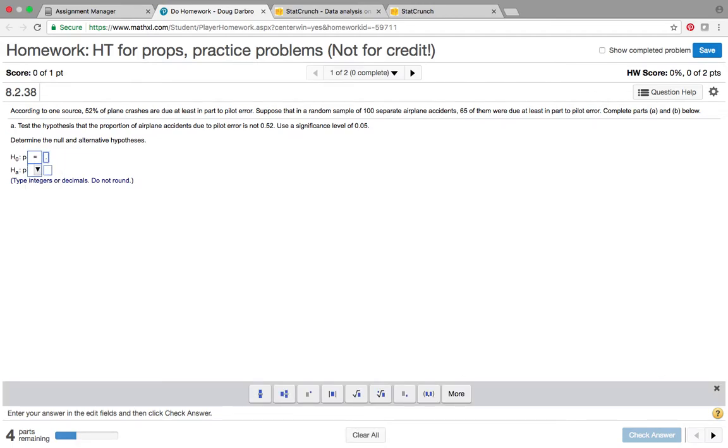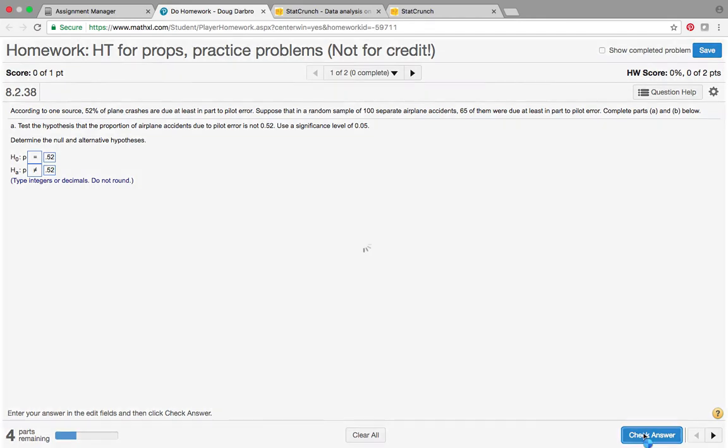Remember, the null hypothesis is always equal to. And we want to test not equal to, so not equal to 0.52. So if we didn't make a typo or do something goofy, we know we're going to get that one right.